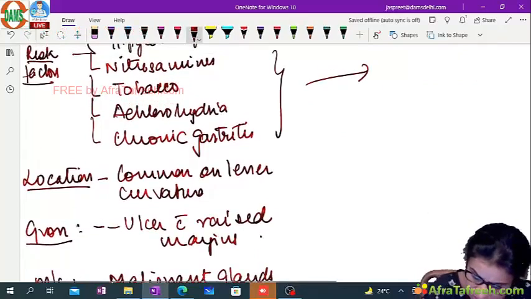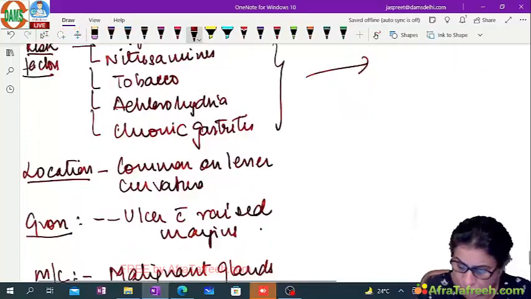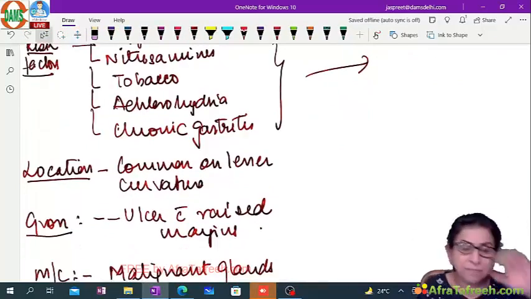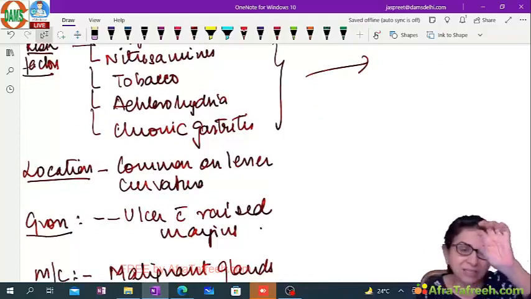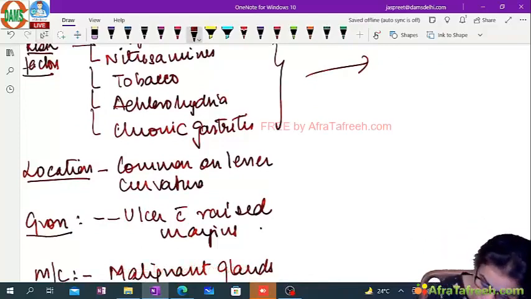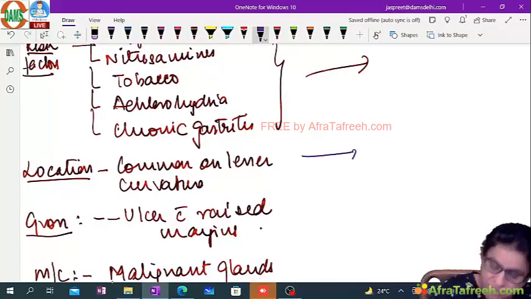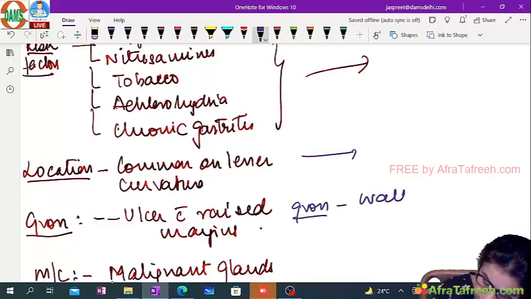Now grossly, how does this present? In diffuse type, the full thickness wall of the stomach is markedly thickened and leather-like. It can be at the lesser curvature or anywhere.